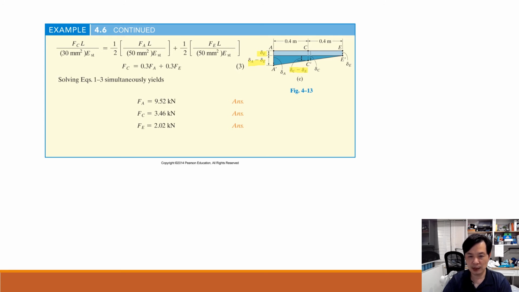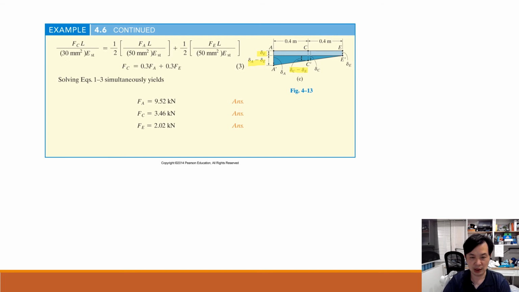And A prime and C prime, based on this triangular shape, we can use similar geometry for the smaller triangle and the larger triangle and determine their relation. So delta A minus delta E has twice as much length as the other distance over here.